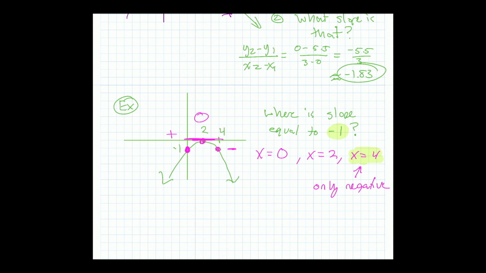What if they also gave me a point down here to choose from? Well, then you would have to decide which one was a slope of negative 1. You'd have to draw the tangent line here and here, and say, well, this one is shallower than this one. Which one looks like a slope of negative 1?